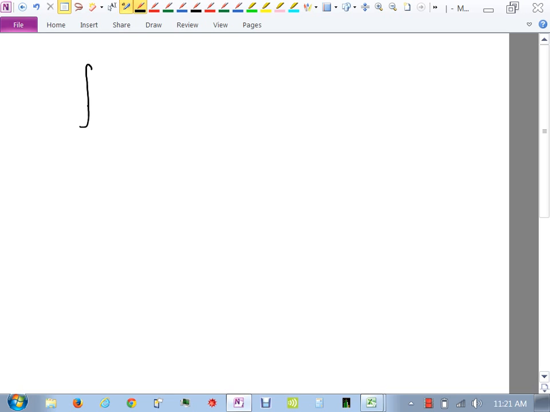All right, I'm doing, I think it's number 42. Yeah, 42. So it's, this is a definite integral, 0 to 1, x cubed square root 1 minus x squared dx.